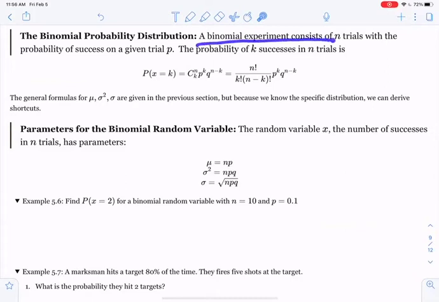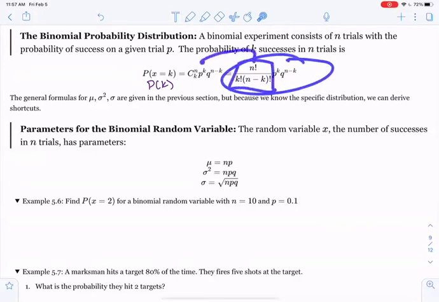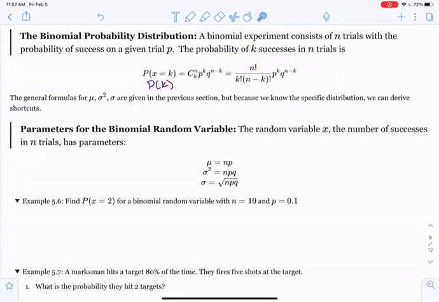So for a binomial experiment consisting of n trials with the probability of success on any given trial being P, the probability of exactly k out of those n trials being successful, we're going to call P of x equals k, or we can just call it P of k, is going to be n choose k, P to the k, q to the n minus k. Or just write it like this: n choose k is n factorial over k factorial times n minus k factorial. Again, this is n choose k, P to the k, q to the n minus k.